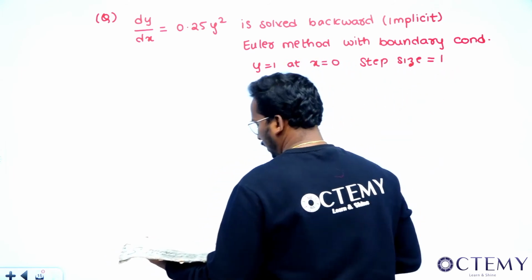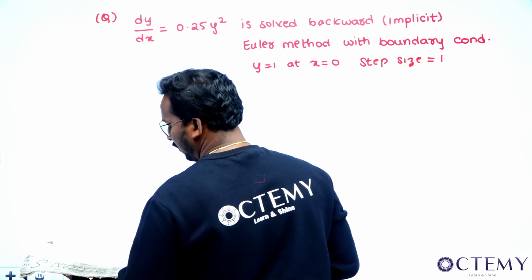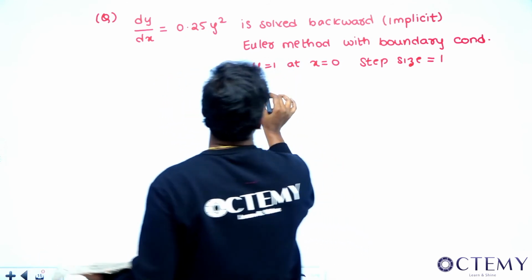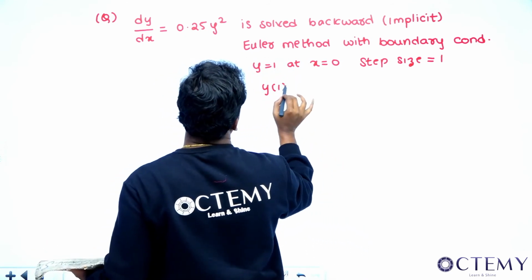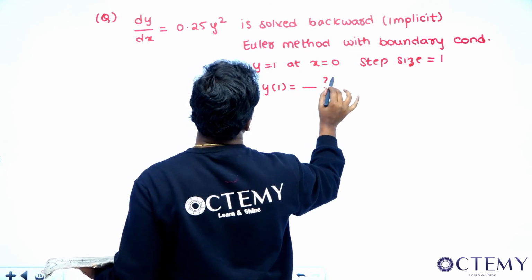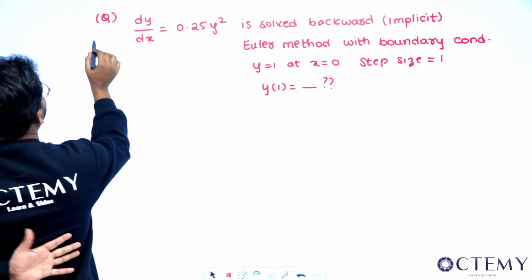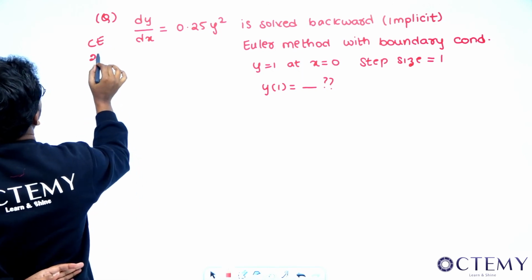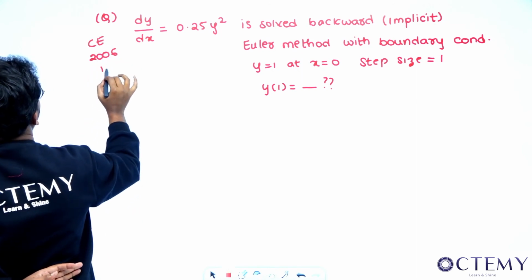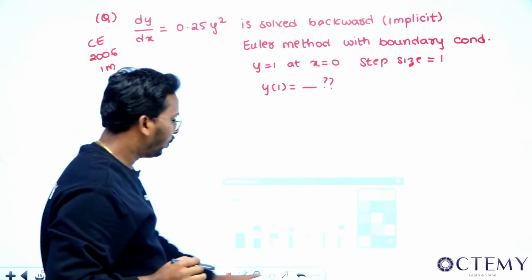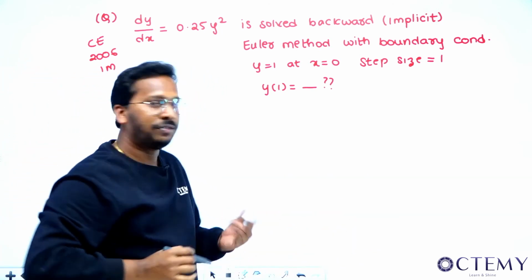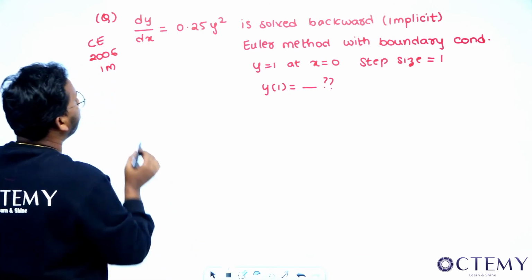He's asking what would be the value of y at x equal to 1. That means after one step he is asking, right? So this was a question asked in civil engineering 2006, 1 mark, right? So if you do it with forward method, you will definitely get it different, sir.